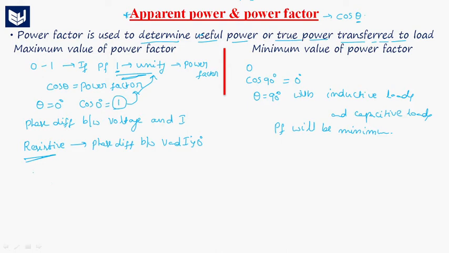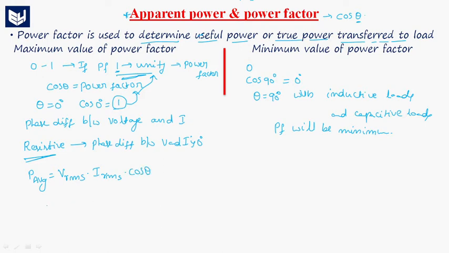Let us consider the formula for average power. P average is equal to VRMS into IRMS into cos theta. Am I correct or not?